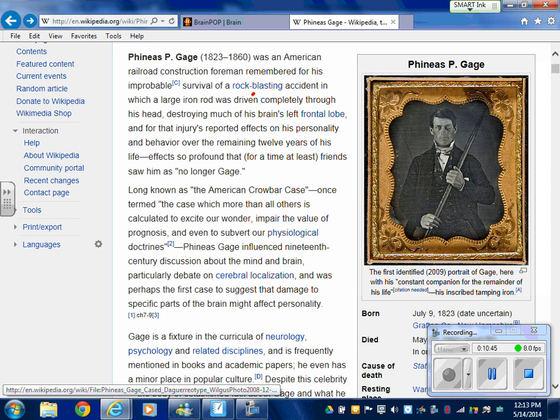Well, he was actually the foreman. He was in charge of this group of people, and as he was tamping this big, 6-foot rod to tamp the stuff down, it sparked.